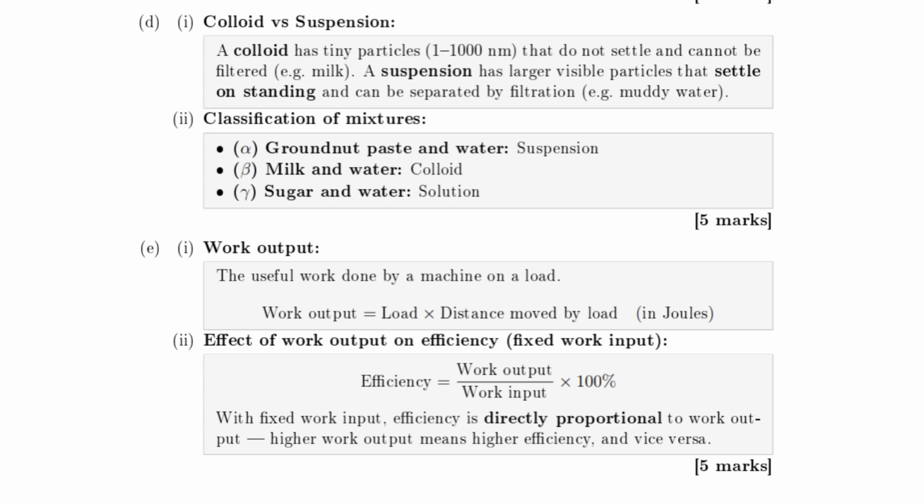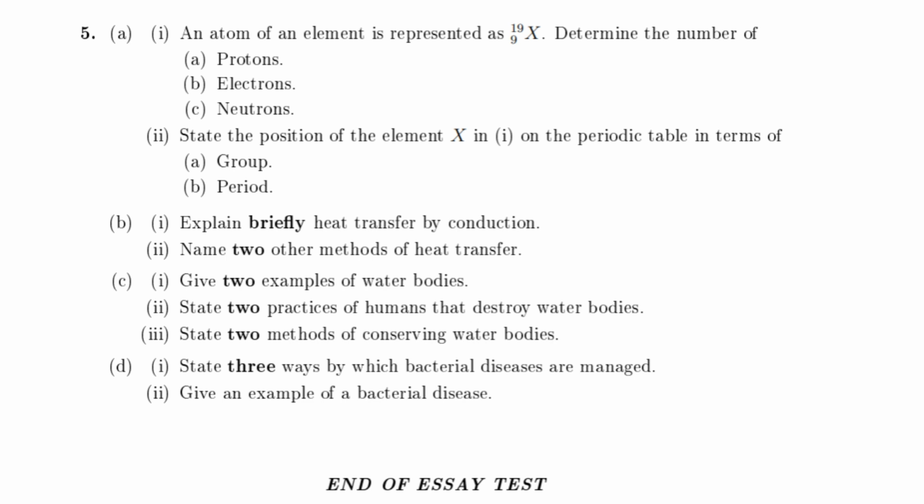So question number 5, I think that's the last question. An atom of an element X is represented by superscript 19 and subscript 9. Determine the number of protons, electrons, and neutrons. State the position of element X in the periodic table in terms of group and period. B. Explain briefly heat transfer by conduction.